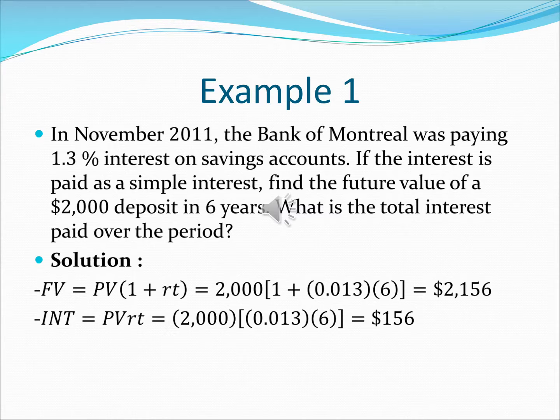Now how do I calculate the interest? Interest is present value times rate times t, and that would be 2,000 times 0.013 times 6, and that gives you 156.